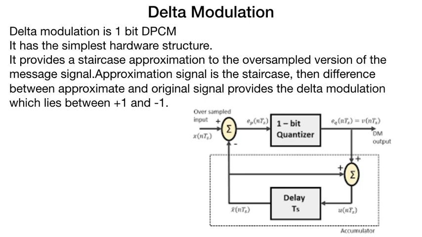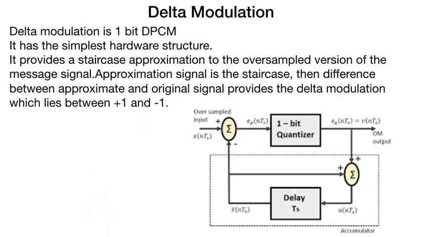And delta modulation is the simplest because it is just 1-bit DPCM. It always has a comparator and keeps on adding or subtracting 1 step in the existing sample value.